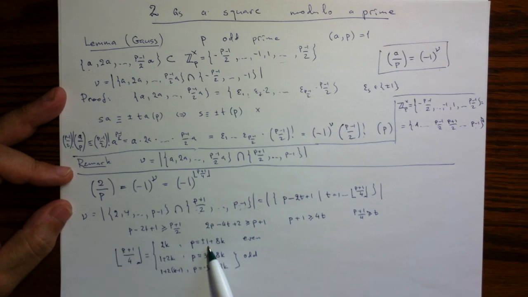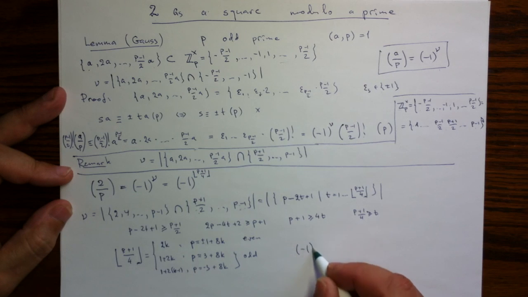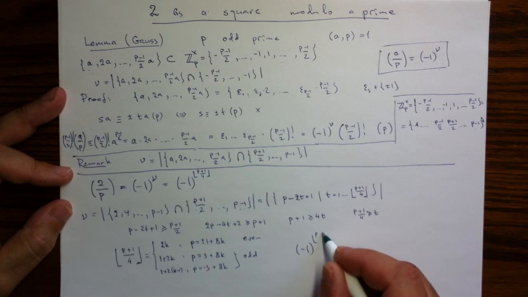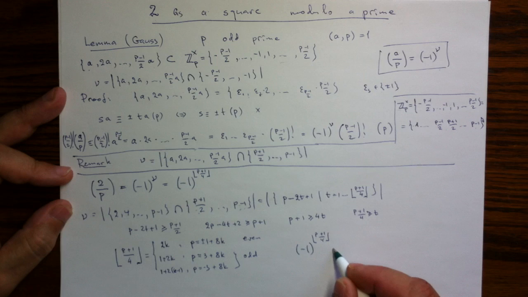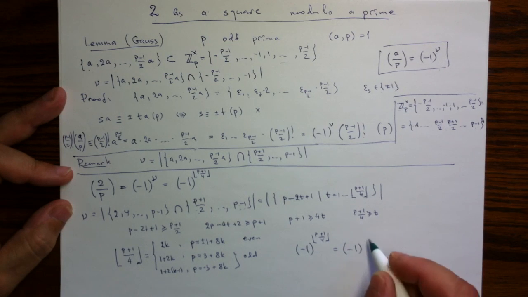If p is plus minus 1 mod 8, we have even, so the sign is plus. If p is plus minus 3 mod 8, then we have minus sign here. So that is exactly as the parity is in this formula.